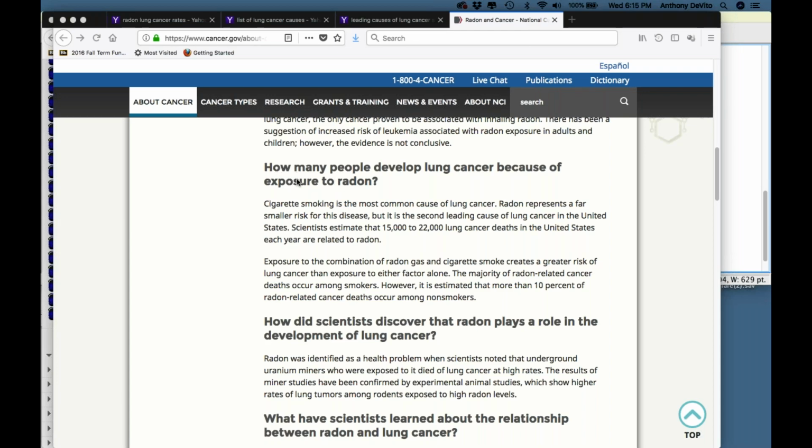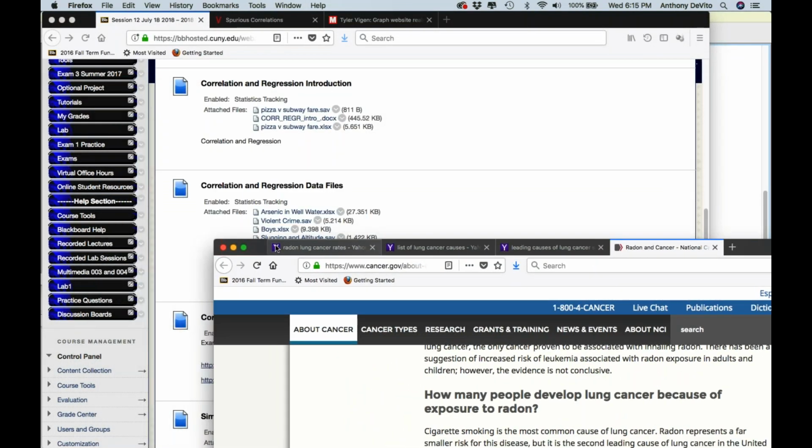But in the meantime, here's a real hazard that many, many people are exposed to, and most people don't even recognize the degree of the hazard. It just doesn't seem to grab public attention quite as much. Okay, so at any rate, I was talking about smoking.